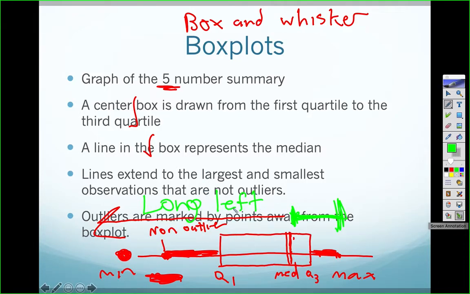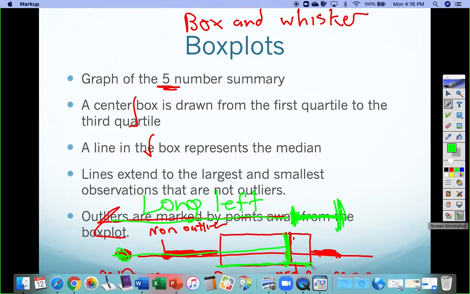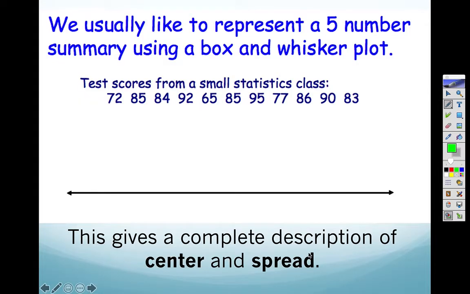How do I know that? Because look where the median is, and then look how much longer the data goes all the way to this last outlier. So that is why the box and whisker plot can show you shape. Center is the median, and spread is the IQR, Q3 minus Q1. It's all on this easy to draw, easy to find picture.